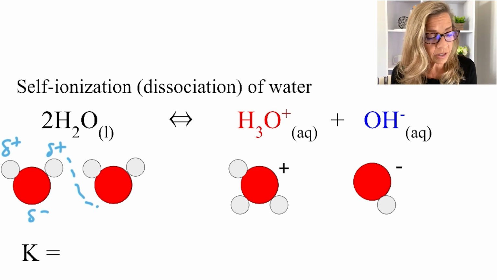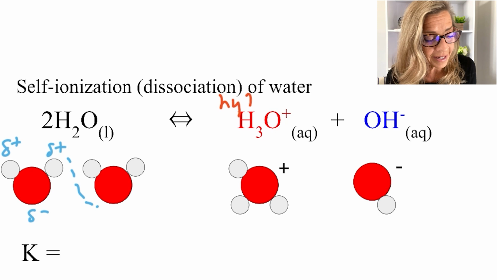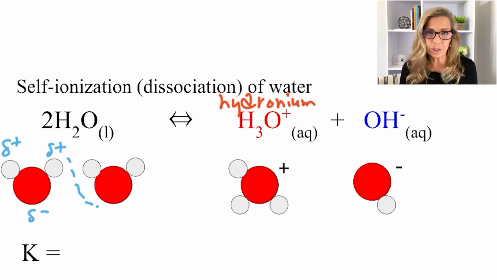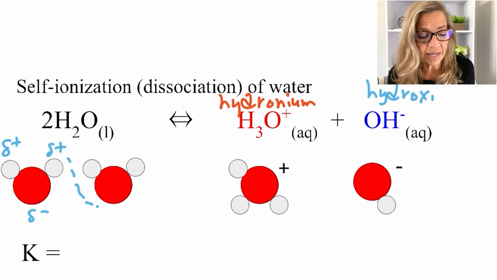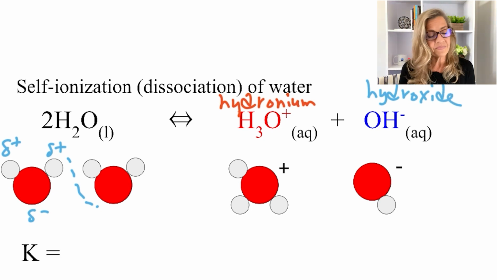And so we make what's called the hydronium ion, which is basically water with an H plus stuck onto the oxygen end. What's left over, once you remove that H plus, is hydroxide. This is called the self-ionization of water.